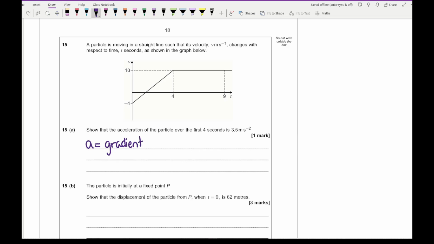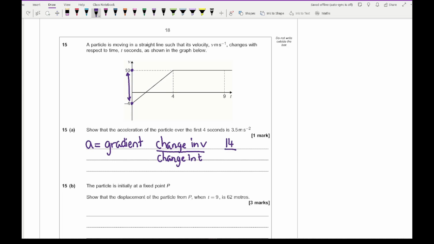And in order to find the gradient of the line in the first 4 seconds, we want to find the change in velocity and divide that by the change in time, and we can get both of those pieces of information from the graph. So the change in velocity from -4 all the way up to 10, that change is equal to 14.